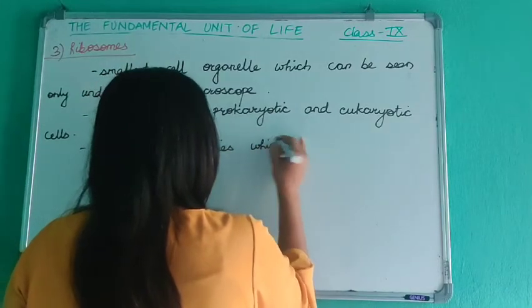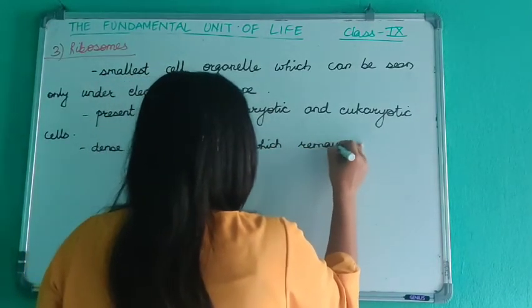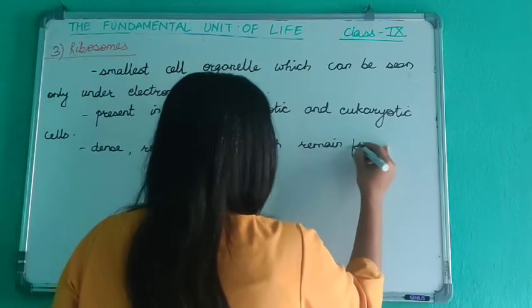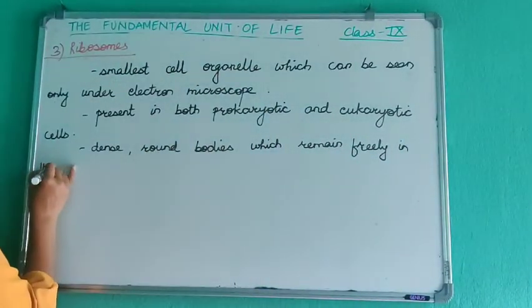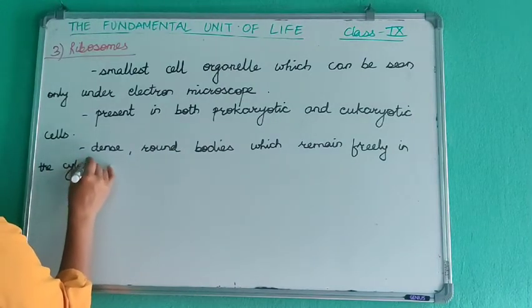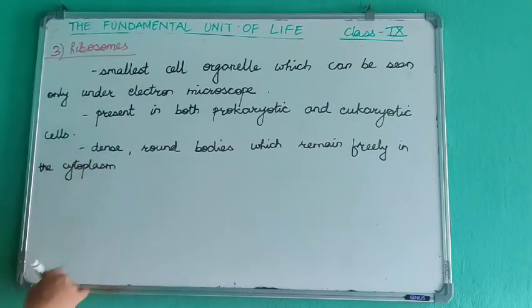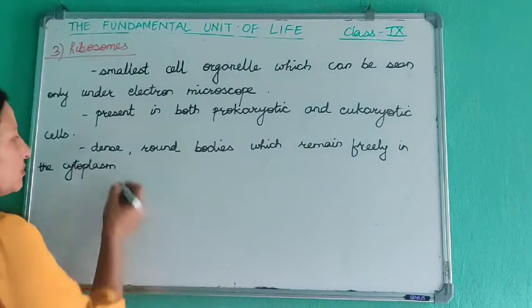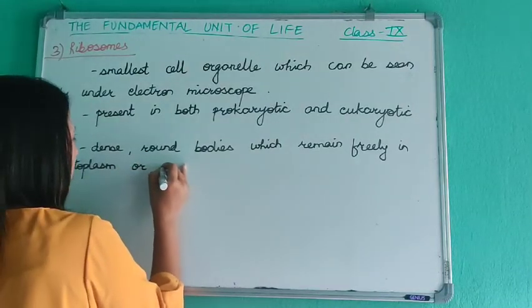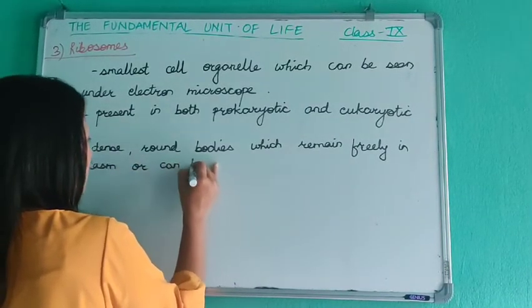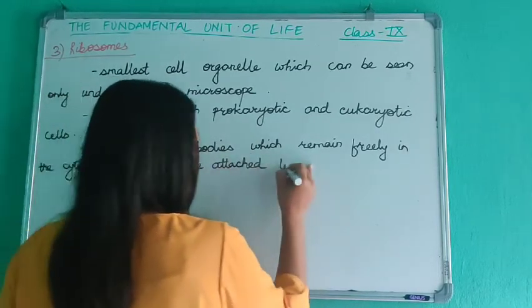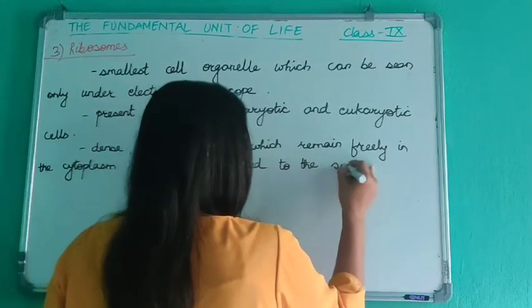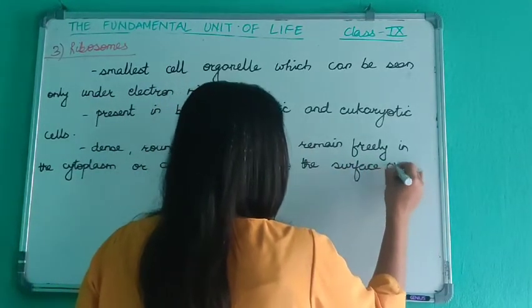which remain freely in the cytoplasm. कि त यिनीहरु साइटोप्लाज्ममा freely occur गर्छ, which occur freely in the cytoplasm, or it can be attached to the surface of endoplasmic reticulum.